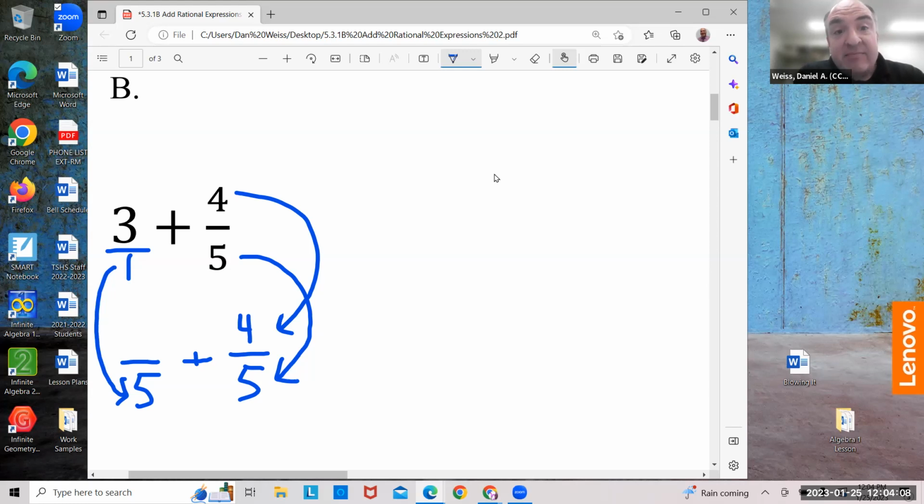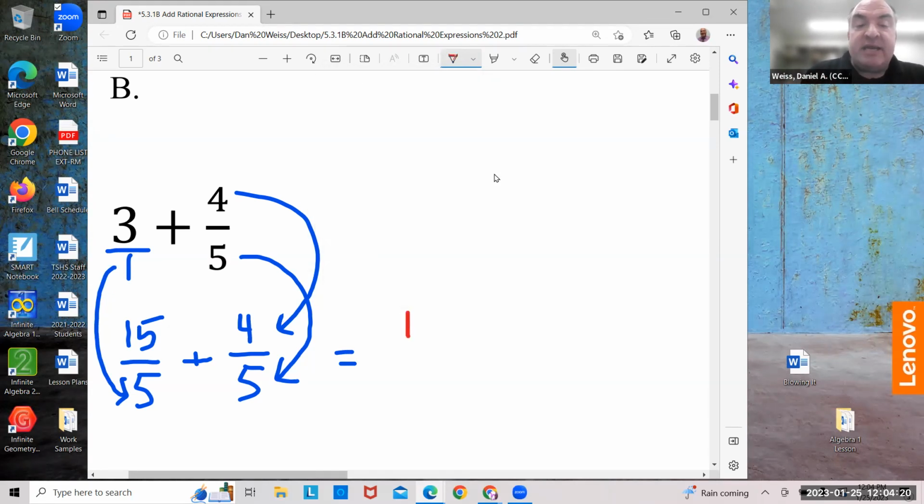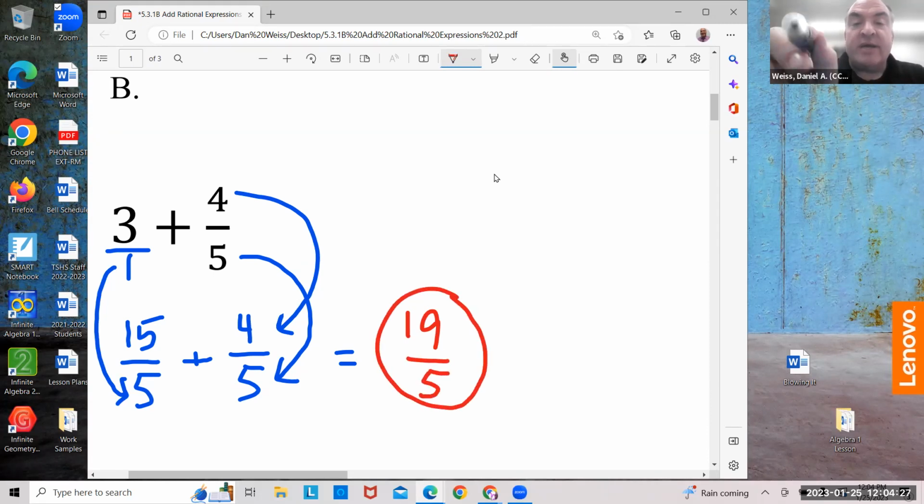Whatever you do to the bottom, you've got to do to the top. 3 times 5 is 15. What's 15 plus 4? That would be 19 over 5. Done. Easy.